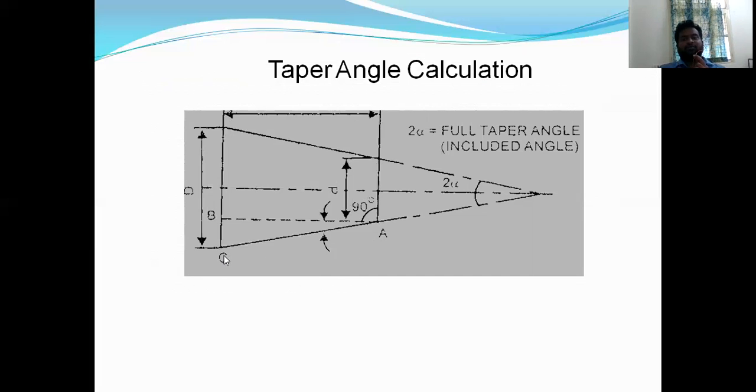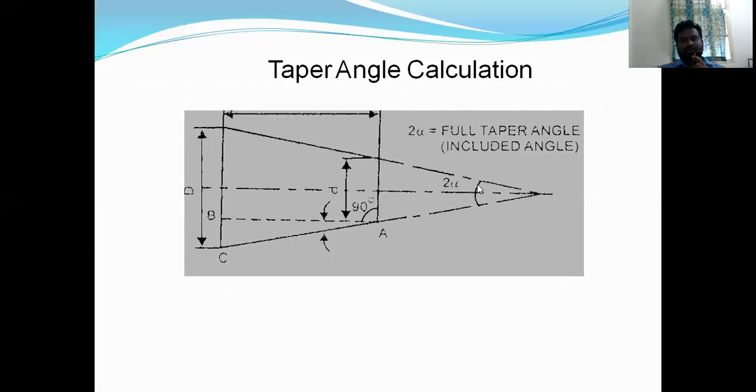Now we are going to produce the taper shape on this workpiece. What we do is extend this shape to here and here, so these two lines meet at some point, right?